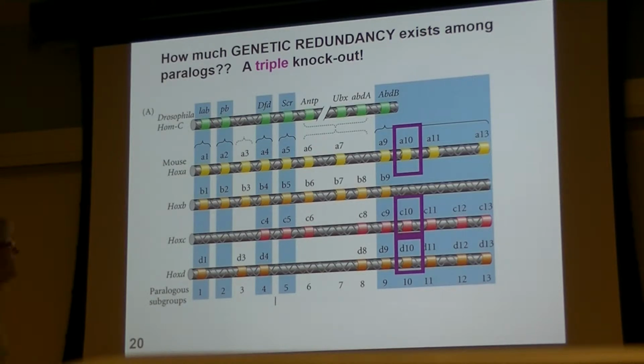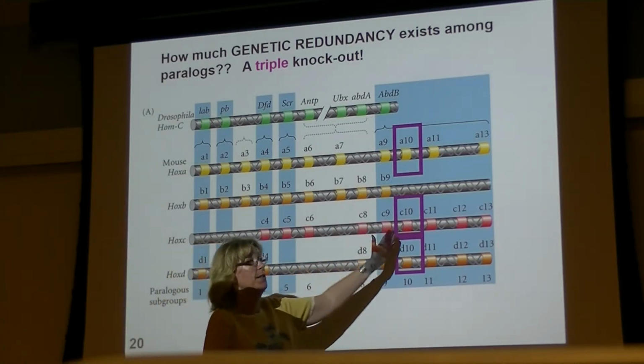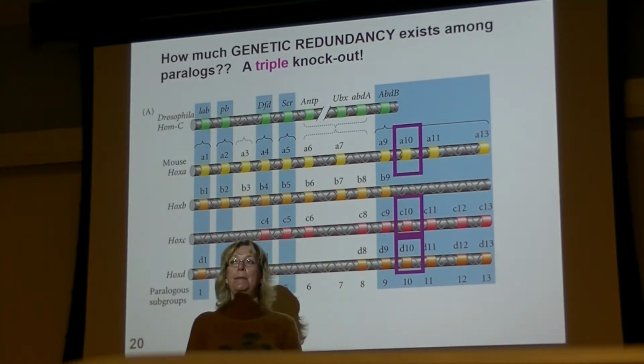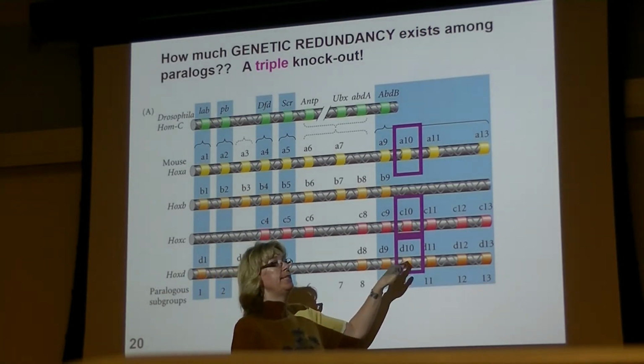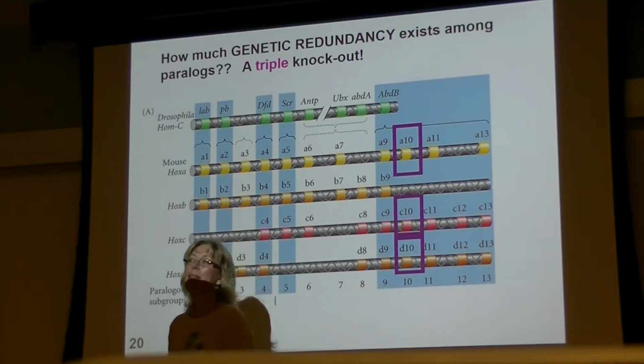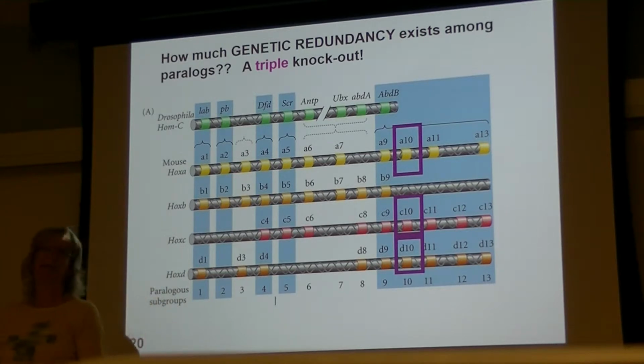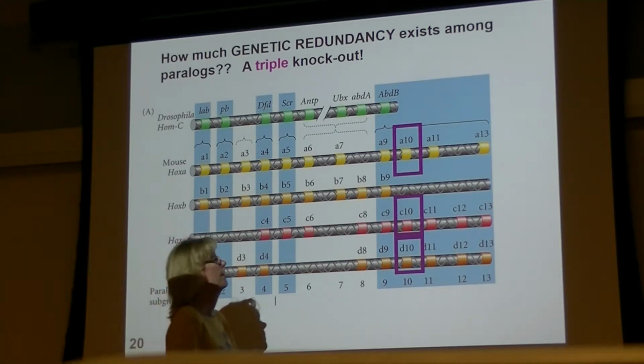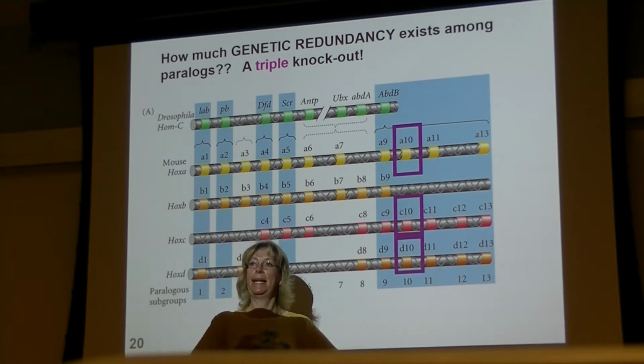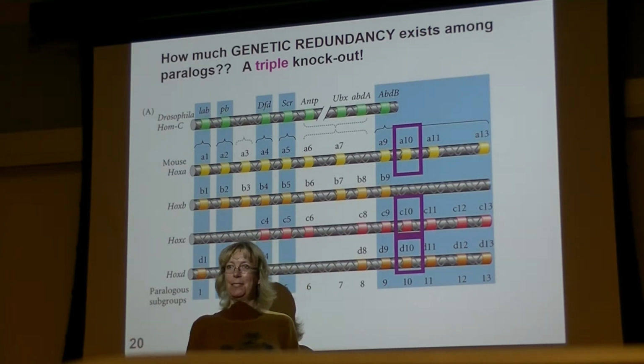Because let's say they each have 3 functions and one of those functions is in common. If you mutate them one at a time, there would always be 2 other genes around that are fully functional and could accomplish that common function. So you're not going to see a phenotype associated with that. You would only see a phenotype for a common function if you obliterate anybody that can do that function.